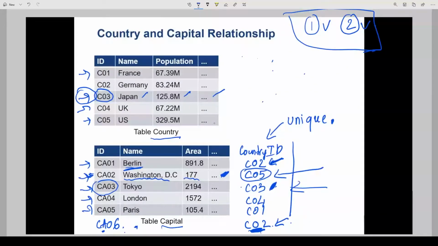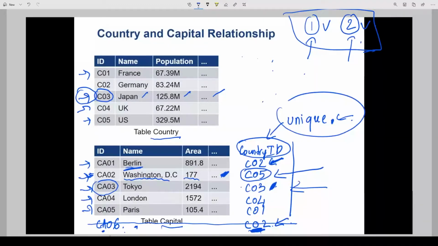Because one country has exactly or at most one capital. We don't have that situation, and because of that, the foreign ID in one-to-one has to be unique. So, in conclusion, we have two solutions, and the foreign ID has to be unique.